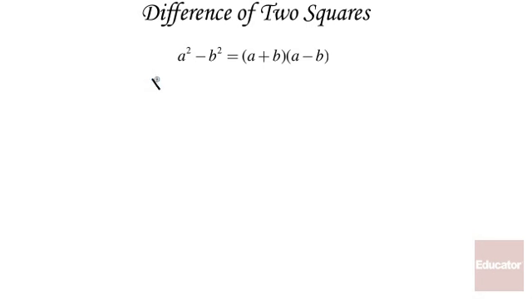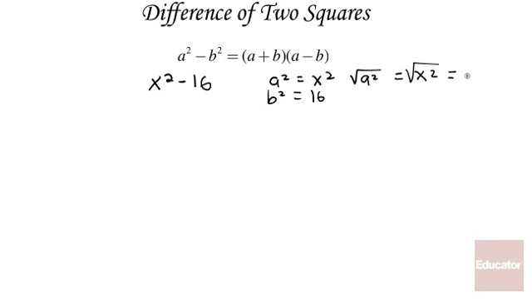For example, x squared minus 16. This is the difference of two squares. So I know that x squared equals a squared and b squared is 16. So I take the square root of each side, and that tells me that a equals x and b equals 4.